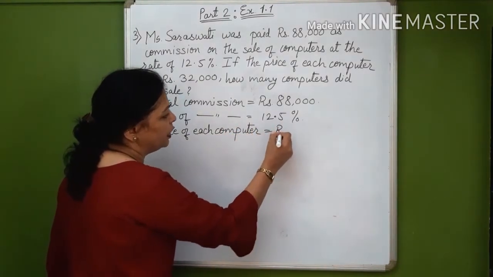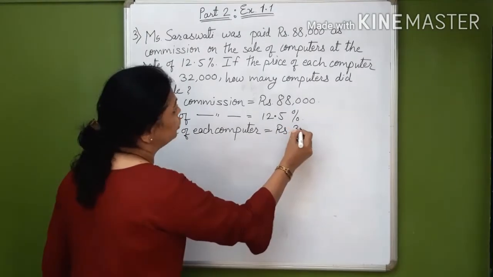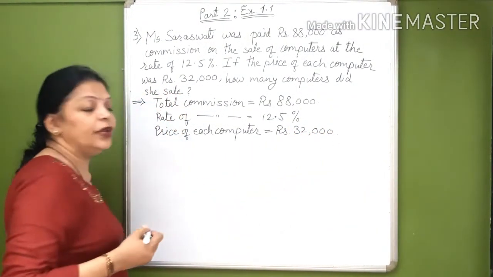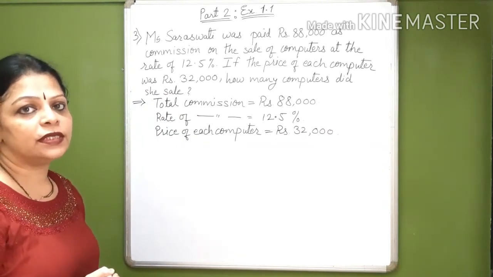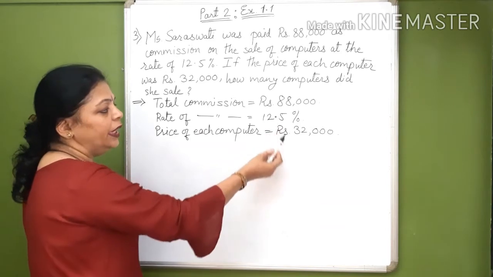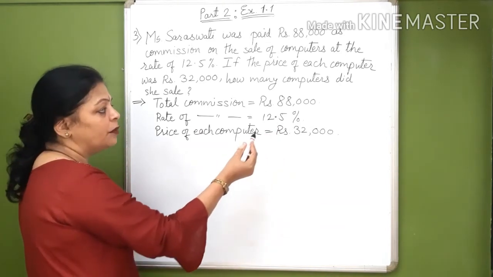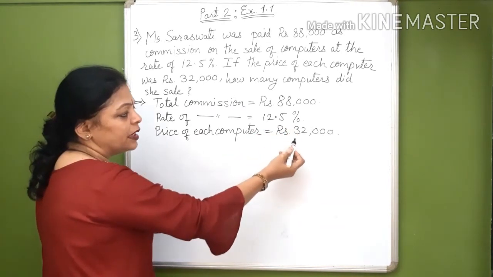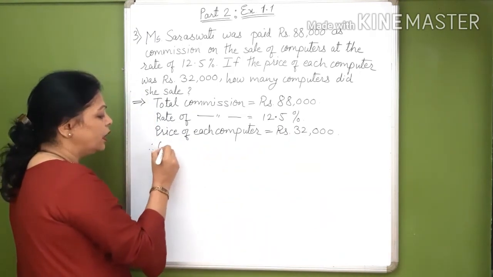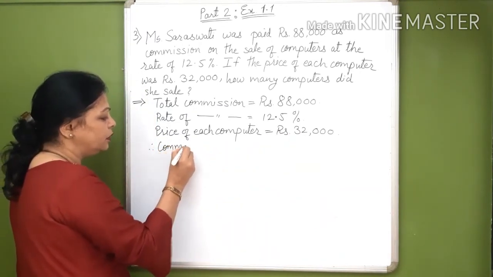Price of each computer is rupees 32,000. And we have to find the number of computers sold. So what we can do is, first we'll calculate the commission on each computer. How much will that be? 12.5% of 32,000.